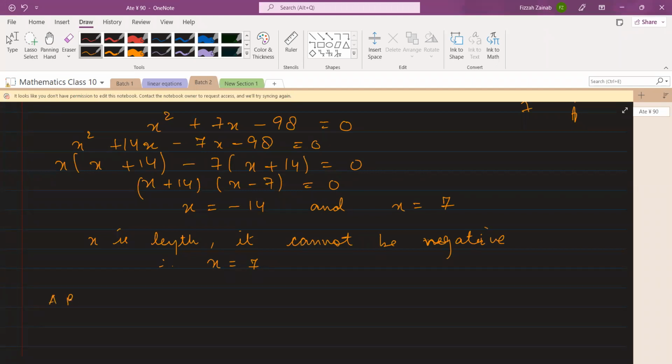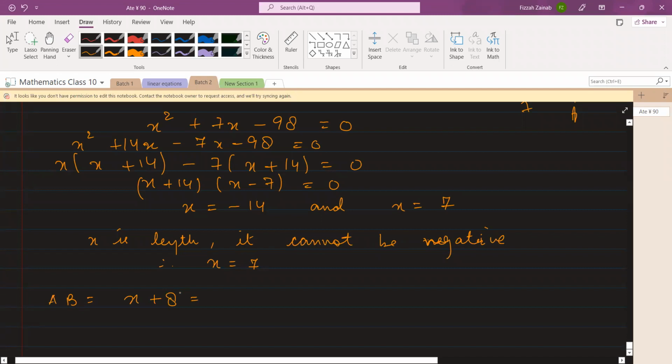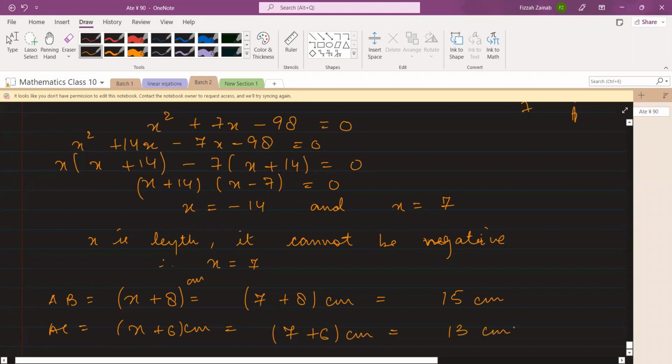Now your side AB, which was x plus 8, so obviously in centimeters, that becomes 7 plus 8, which is 15 centimeters. Then your side AC was x plus 6 centimeter, so that is 7 plus 6, which becomes 13 centimeter.